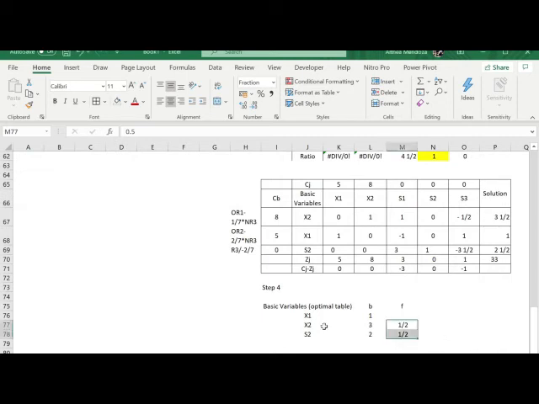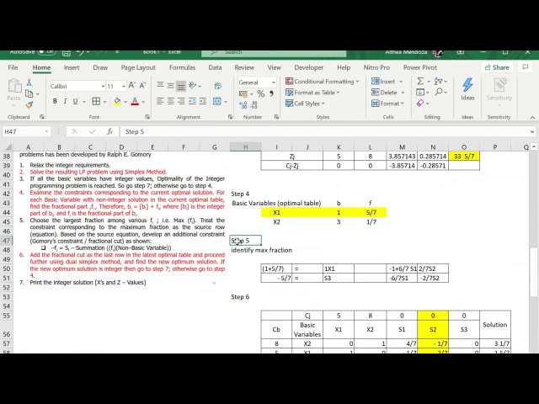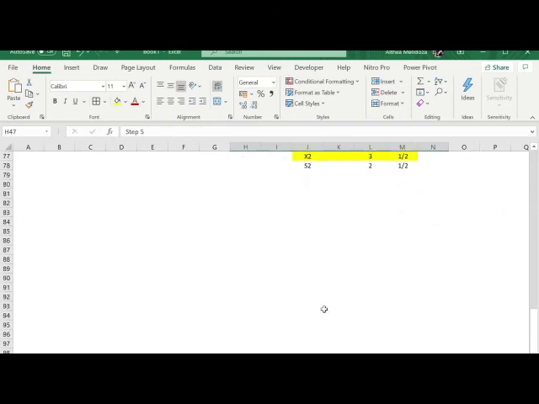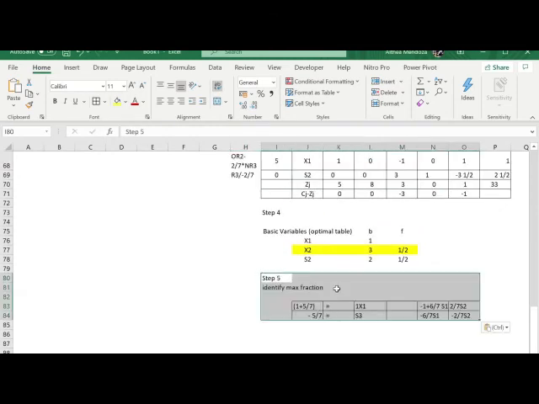Let's highlight x2 para alam natin siya dito. Okay, so balik tayo dun sa next step. Pwede naman natin i-copy yung step 5 para hindi na tayo malito. Ilalagay ko lang siya down here before the step 5.